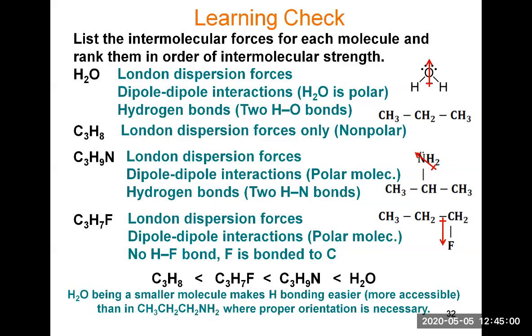Because be careful, the hydrogen bonding occurs between the hydrogens that are bonded to nitrogen and the nitrogen atom of another molecule. So because this molecule is more cumbersome, it's more difficult to have enough hydrogen bonding. So that will make it less strong for this molecule versus water.